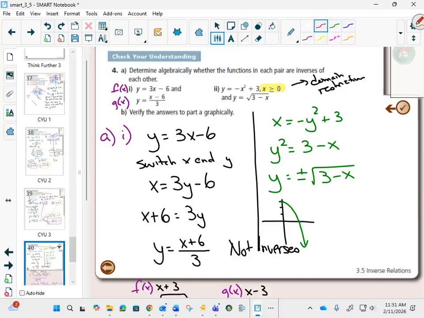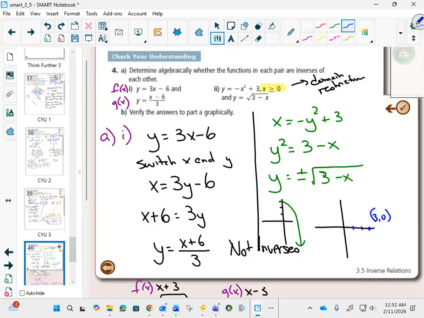So when you would switch, instead of 0, 3, I would have 3, 0.